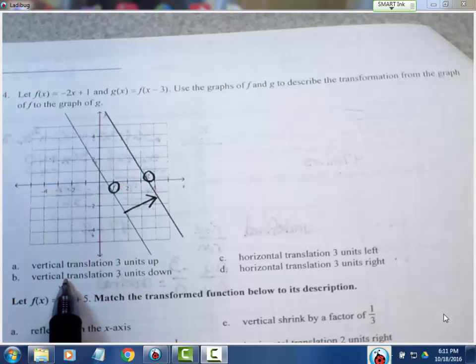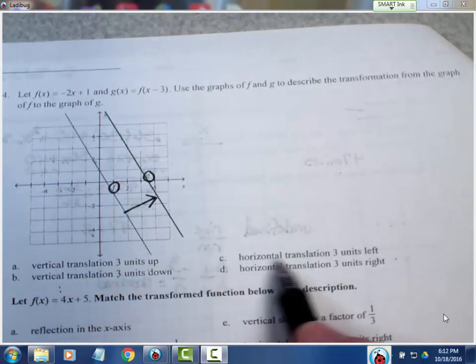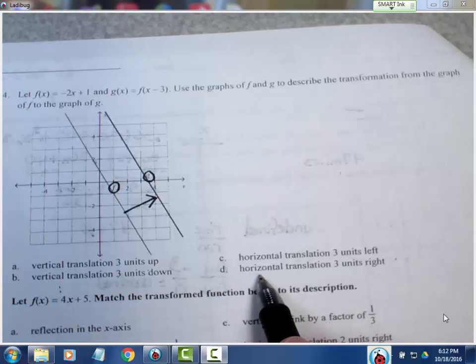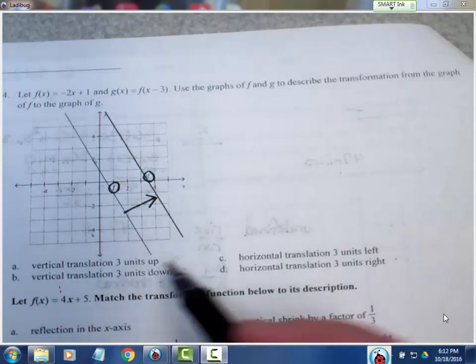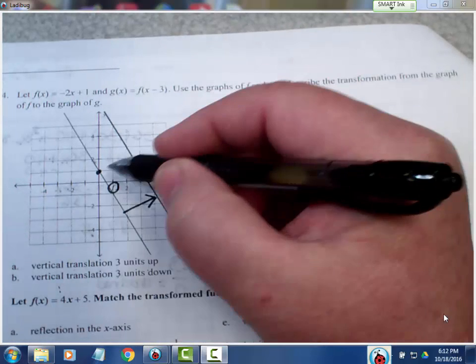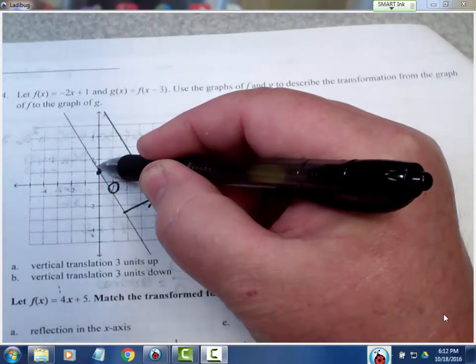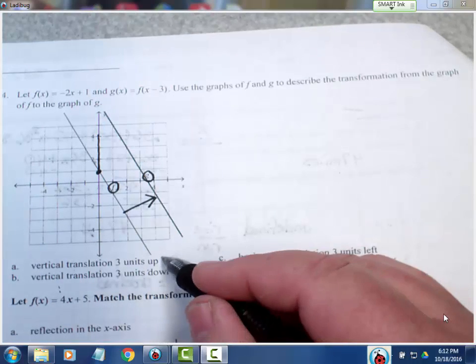Well, here are our choices. We had a vertical translation 3 units up. A vertical translation 3 units down. A horizontal translation 3 units left, or a horizontal translation 3 units right. Okay? So I'm just going to take each one. 3 units up. If I start on the y-axis and I continue counting on the y-axis, that's 1, 2, 3. I didn't touch my line, so it's not up 3.